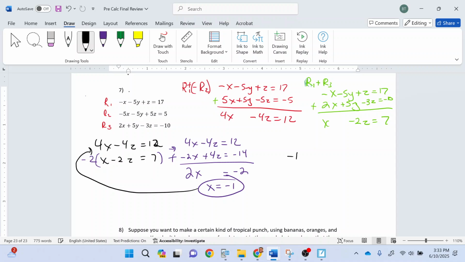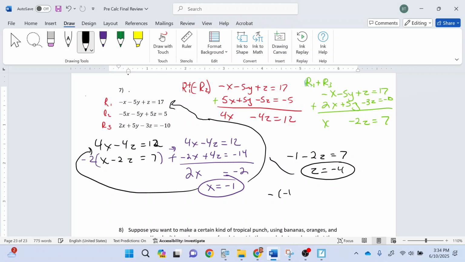So negative 1 minus 2z equals 7. Hopefully you can see after a little bit of algebra, z is going to be negative 4. Now I could take the z and the x and plug them into one of my original ones. I'll plug it into the top one.